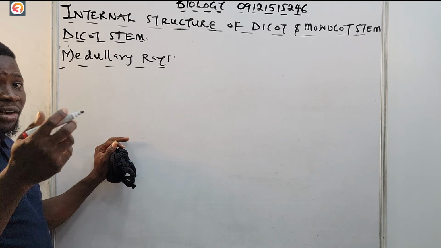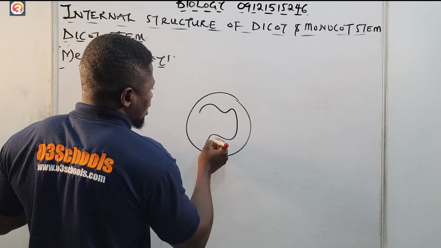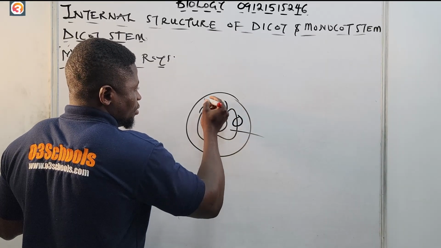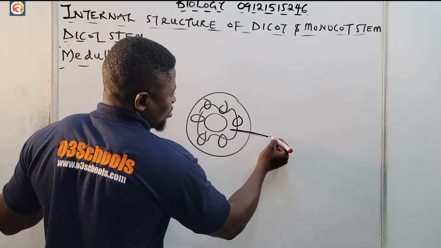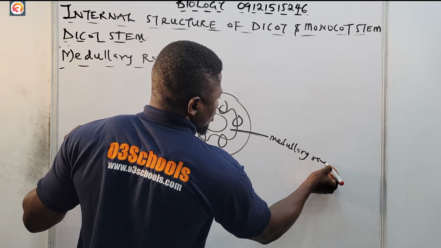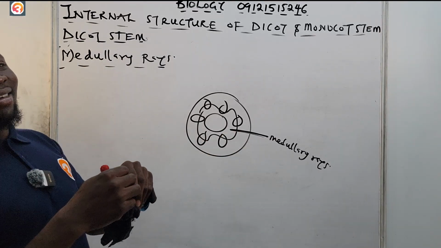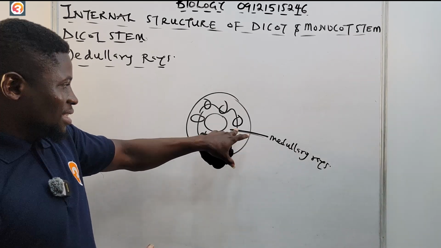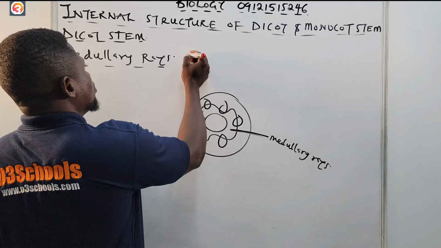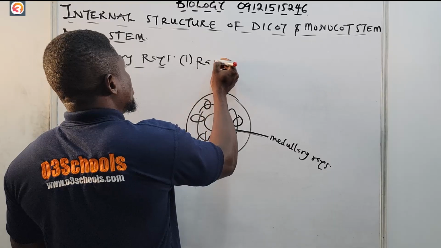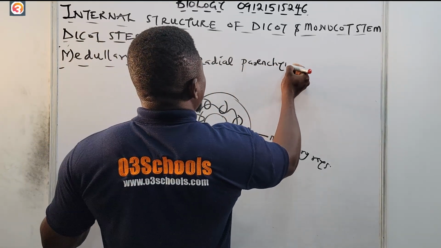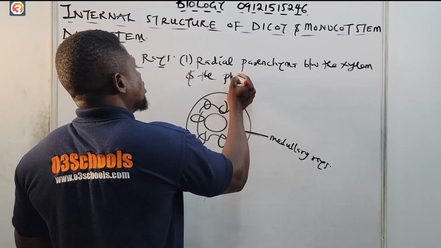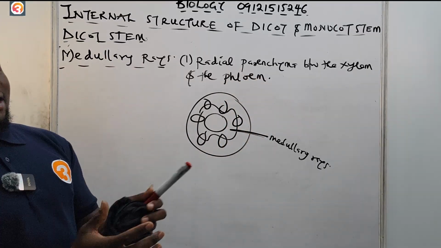I showed you where the medullary ray is on the diagram before. The medullary ray is somewhere here, between the xylem and the phloem. It is made up of radial parenchyma present between the xylem and the phloem. So that is it for that.